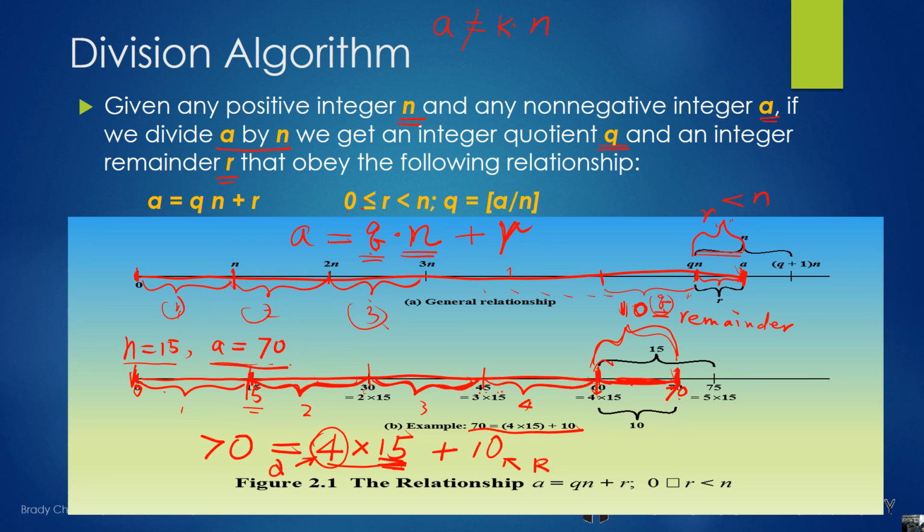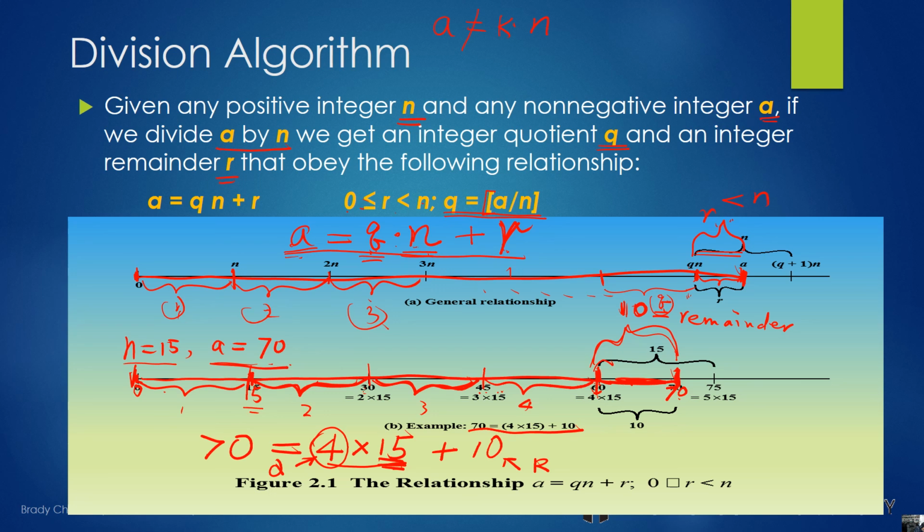If R equals 0, that means n divides A. If R is 0, n divides A by definition of divisibility. Now, if R is non-zero, then A can be written as Q times n plus R. That's the division algorithm. Many times we call Q the quotient, which is the value of A divided by n.